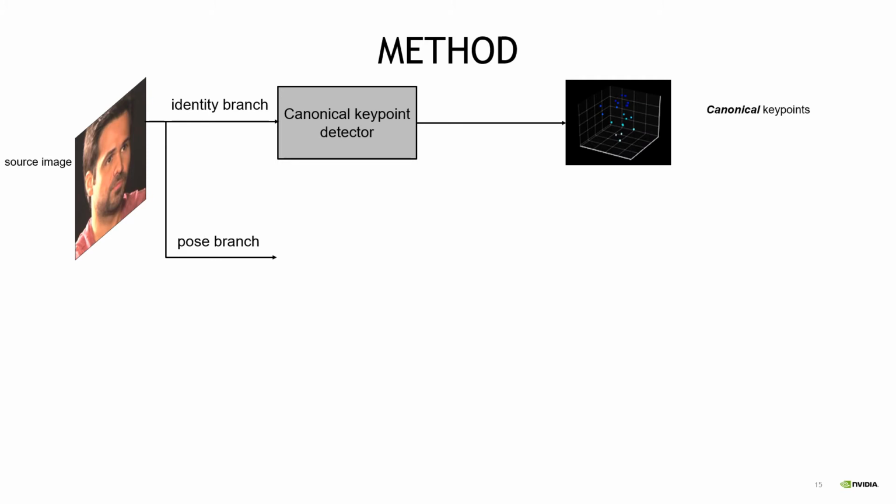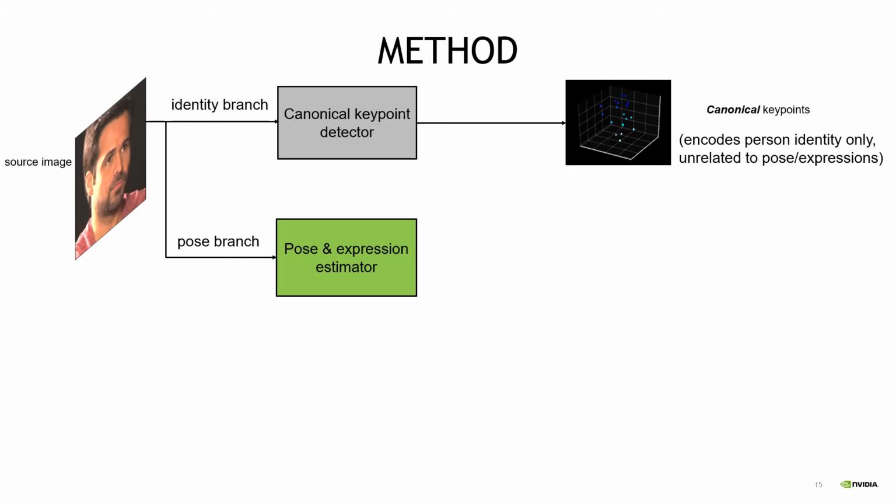The canonical key points encode the person's identity only, such as the shape of the face, mouth, nose. It doesn't contain pose or expression information. And pose and expression is extracted through this pose expression estimator.